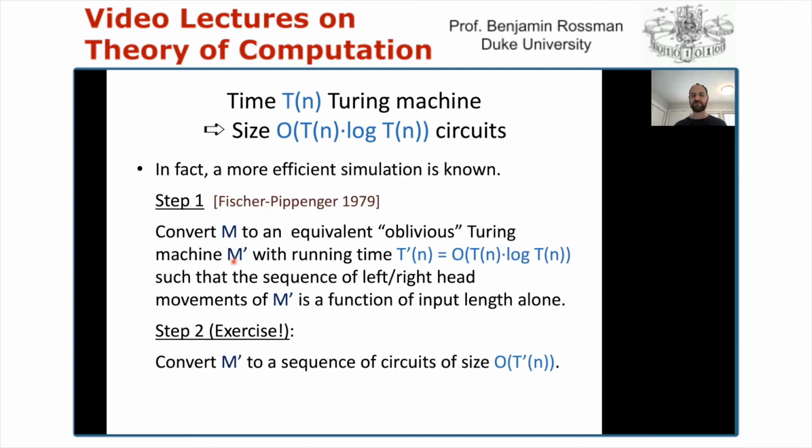That's a theorem of Fischer and Pippenger. Then the second step, which I leave as an exercise, is to convert the oblivious Turing machine M prime to a sequence of equivalent circuits of size order T prime. So there's a linear size simulation of oblivious Turing machines.